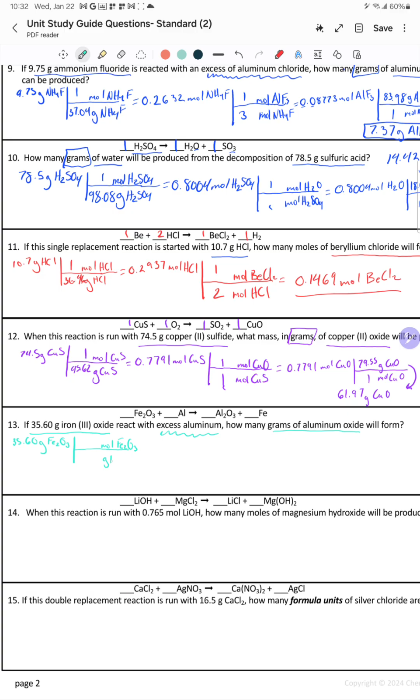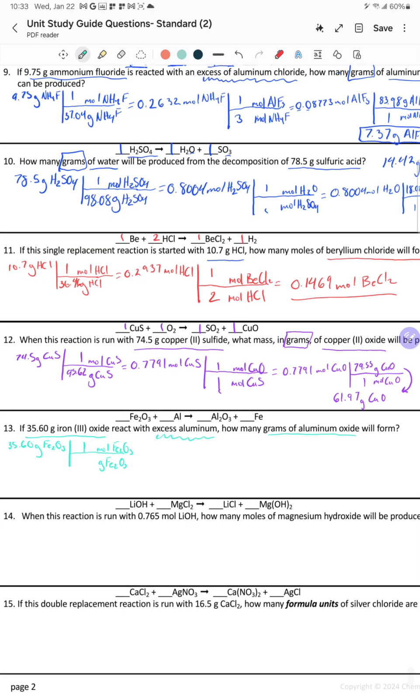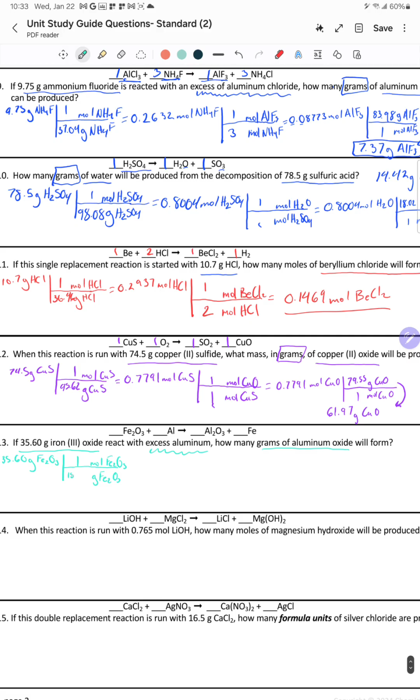From grams of iron 3 oxide, I look at my periodic table and figure out the molar mass for iron 3 oxide. That's 2 irons and 3 oxygens, and that's 159.86 grams.